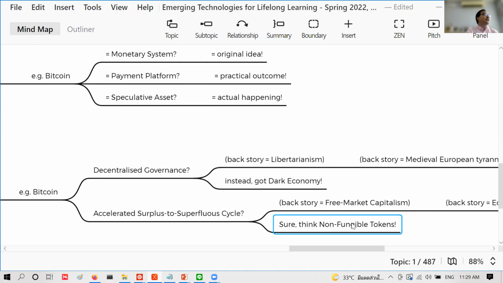Bitcoin, what do you do? Well, you have to launder, well, not launder, you have to park your assets. This is why, you know that, right?